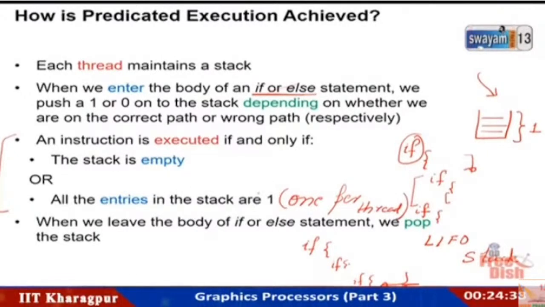If all the entries are 1, then the instruction is on the correct path and it is executed. When we leave the body of the if or else statement, we pop the stack. So this is what is done: we push an entry when we enter the if statement, and when we leave it, we pop an entry of the stack.